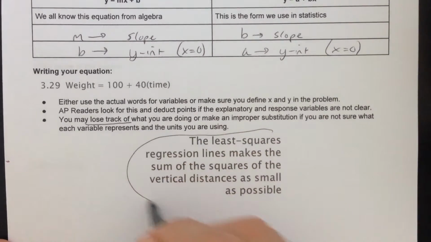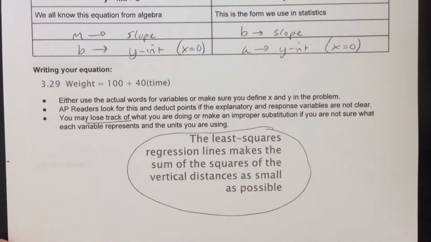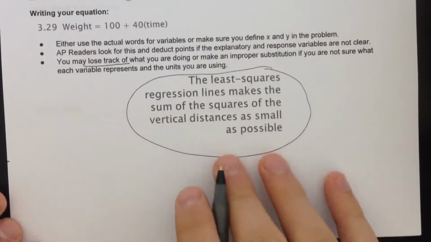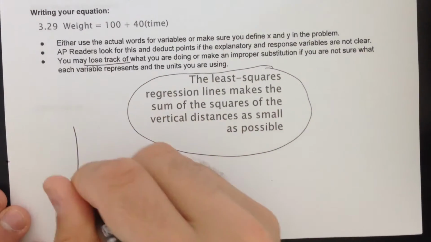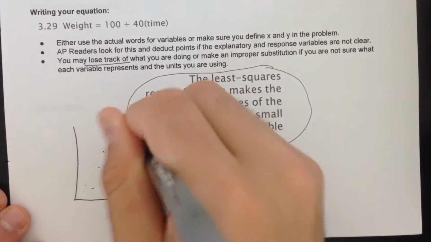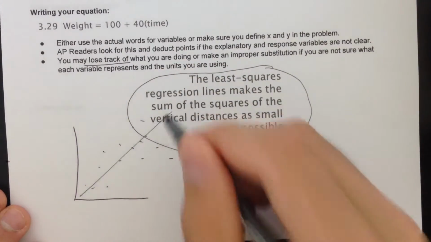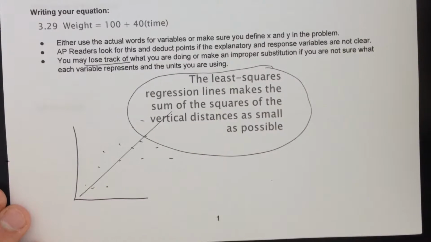Alright, this we're going to revisit in future videos. The least squares regression line makes the sum of the squares of the vertical distances as small as possible. Just a quick idea here. If I have some kind of scatter plot, anybody can walk up and draw a regression line.